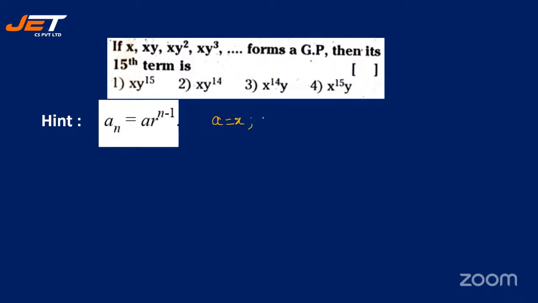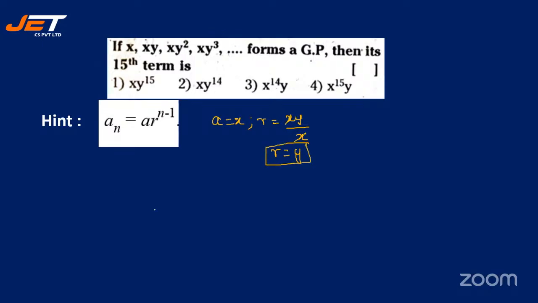What is R? R is nothing but T2 by T1. That is xy by x. So R is y. The x gets cancelled.